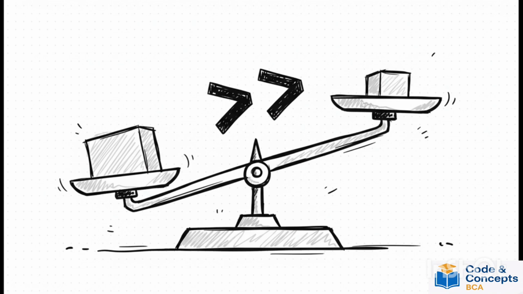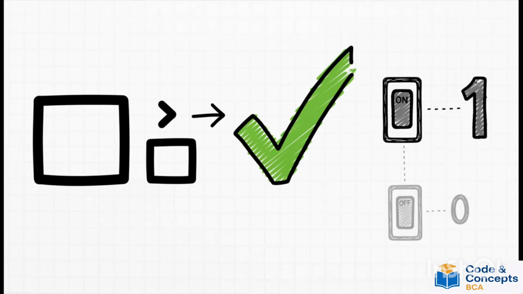Hey, is this value on the left, 25, bigger than the value on the right, 5? And the computer doesn't hesitate. It gives us a clear, simple answer. True. Now, fun fact, in a lot of programming languages, like C for instance, true is actually just represented by the number 1, and false is represented by 0.